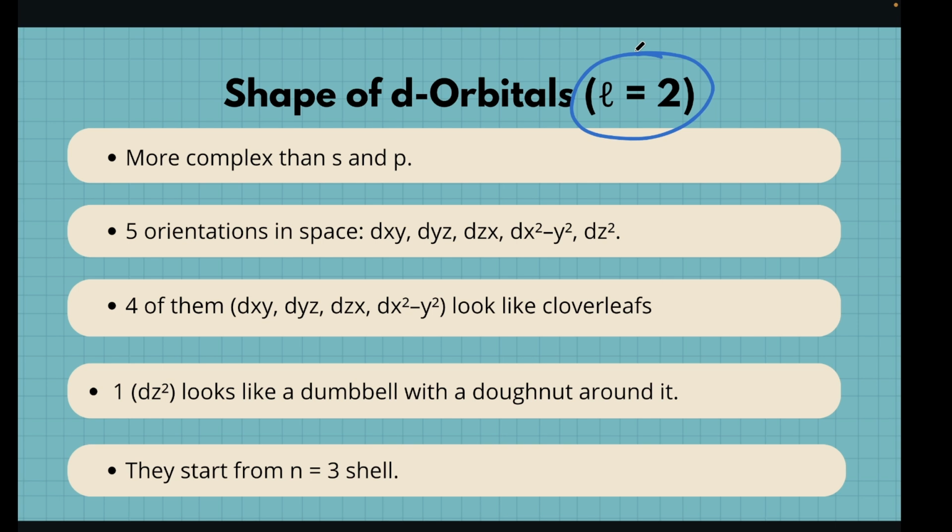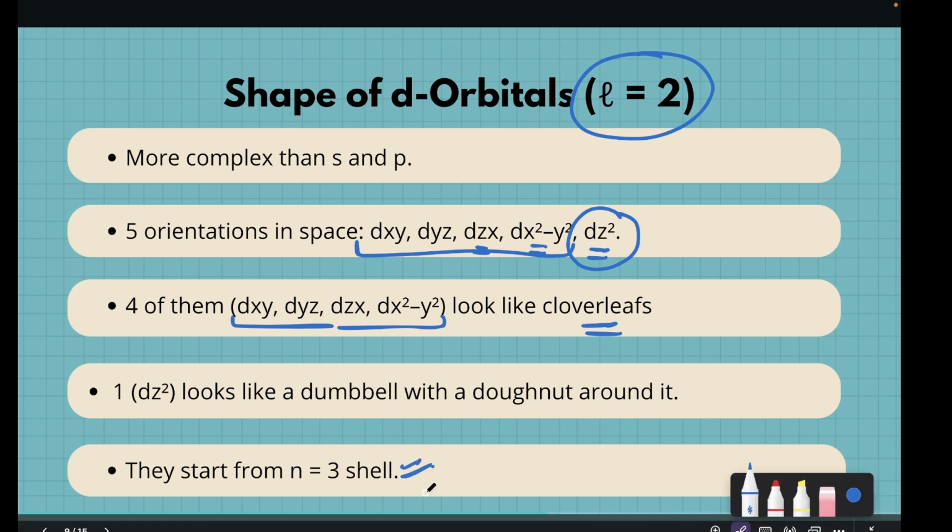There are 5 orientations in space: dxy, dyz, dzx, dx square minus y square, and dz square. 4 of them, dxy, dyz, dzx, and dx square minus y square, look like clover leaf. But the fifth one, dz square, looks like a dumbbell shape with a donut around it. And it starts from the third shell.